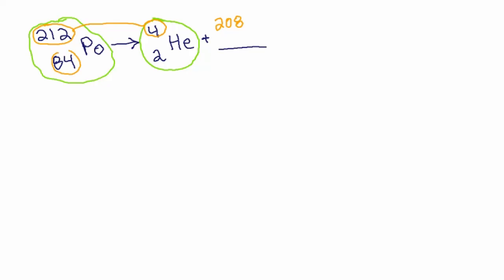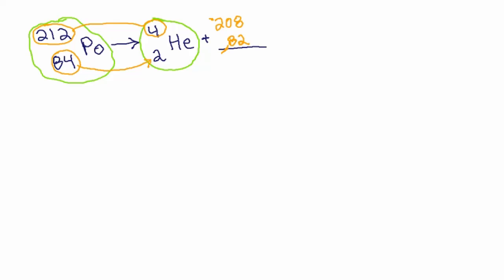Down here, this 84 is the atomic number. 2 is given off, so we only need 82, only 82 protons in this part of the equation. So how would we figure out what element this is if we have an isotope weighing 208 units and 82 protons? Well, we'd look at our periodic table.